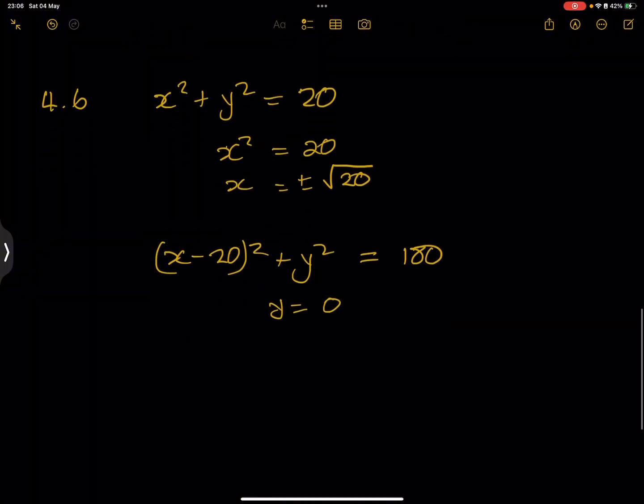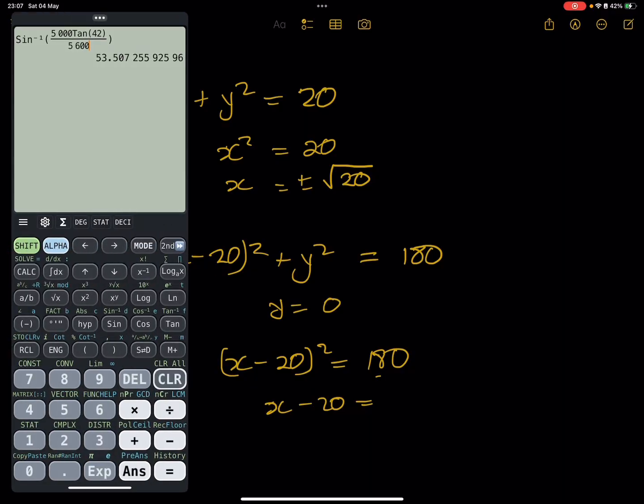So we've got x minus 20 all squared equal to 180. So x minus 20 would be equal to the square root of 180.